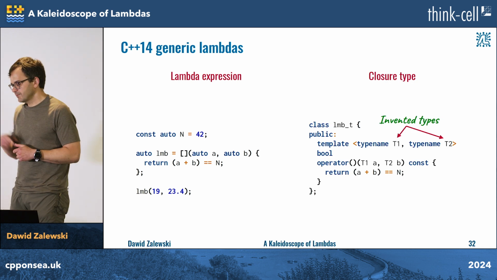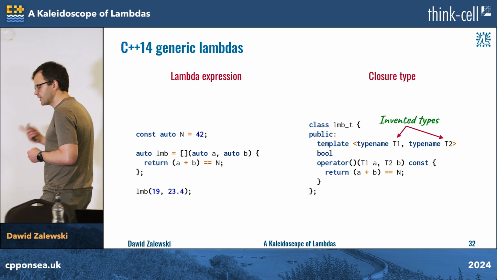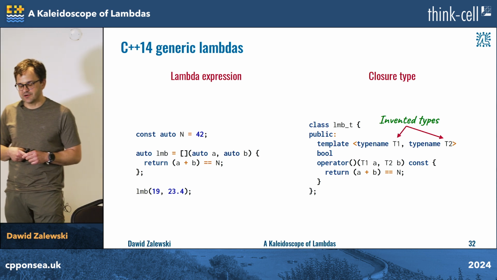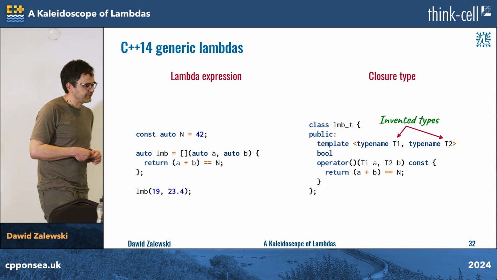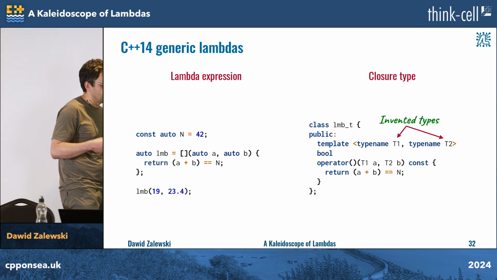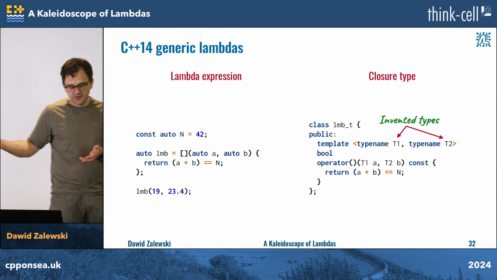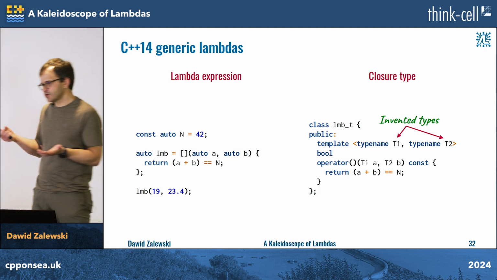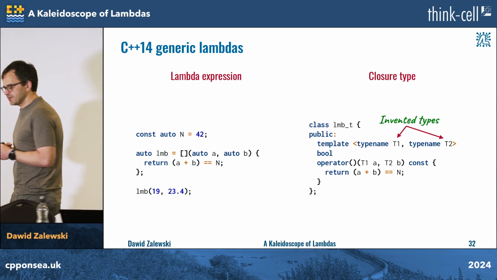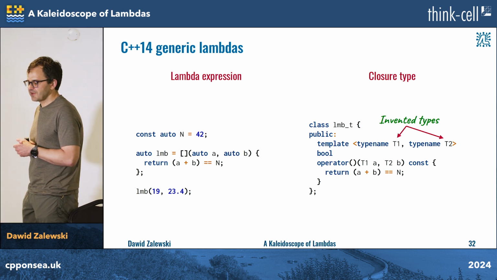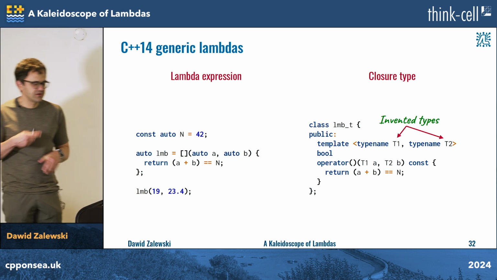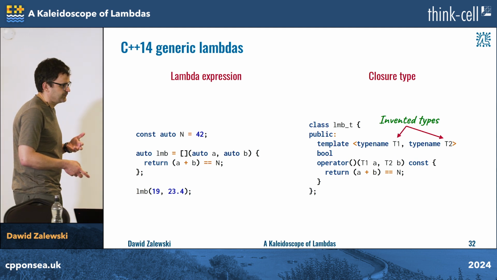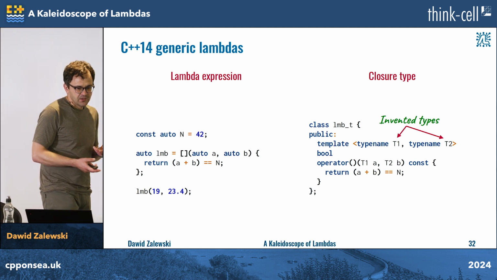For each single auto keyword in your parameter list, there's a template parameter. So if you have two auto variables, they will create two different template parameters in your function call operator, which means that when it comes to the deduction of those types later on, you cannot really or easily put restrictions on it. You cannot constrain it.